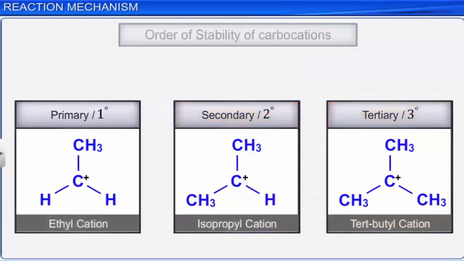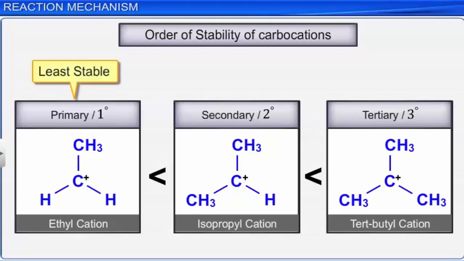Stability of the carbocations increases with increase in number of alkyl groups bonded to the carbocation. Hence, primary carbocations are highly unstable, while tertiary carbocations are the most stable.